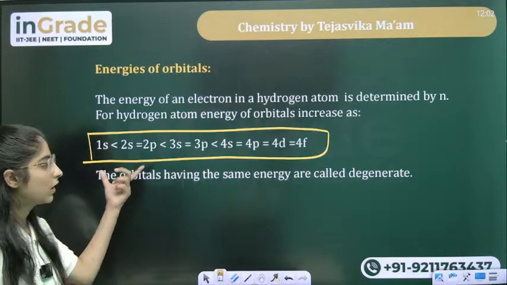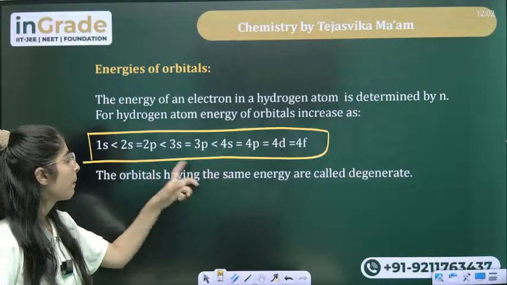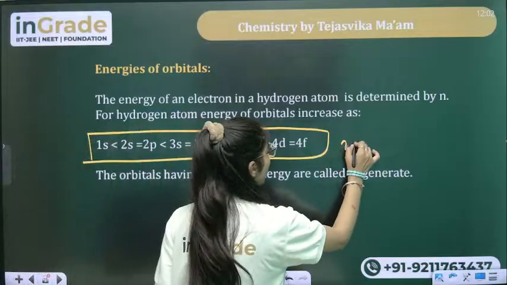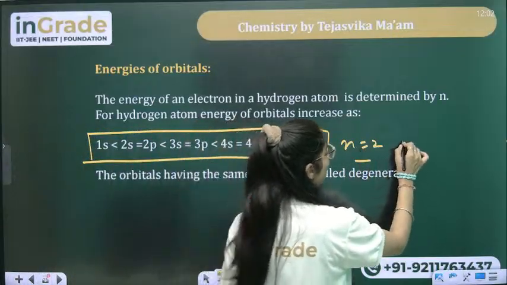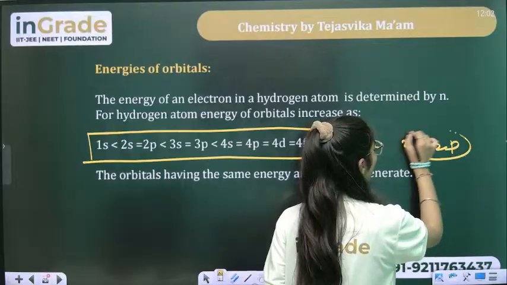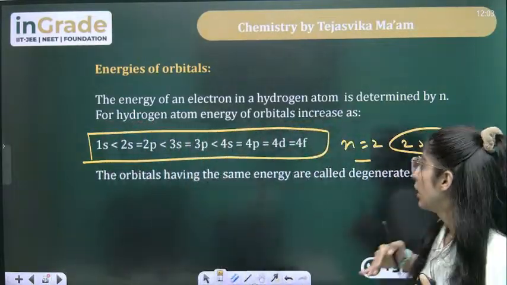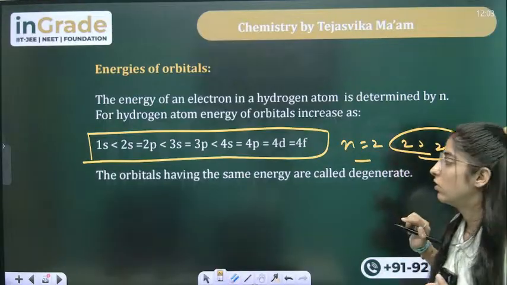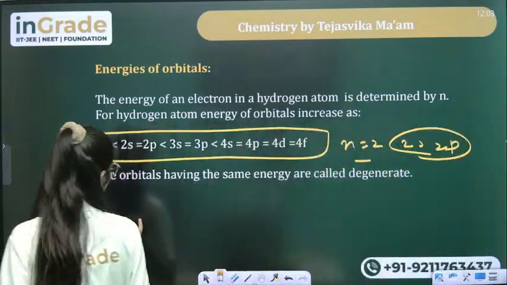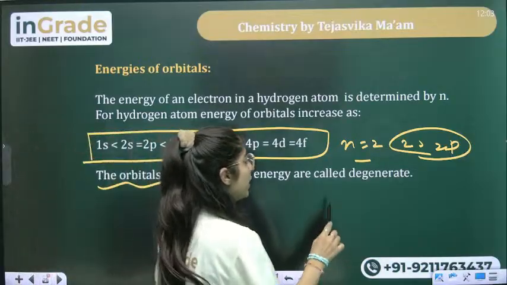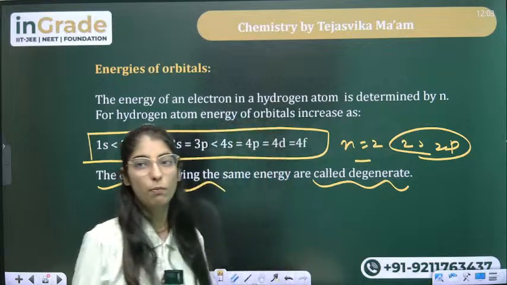We have discussed this point so many times: if the value of n is 2, then the orbitals will be 2s and 2p, and both will lie at the same energy level, which simply means they are degenerate energy levels. Next point, if orbitals have the same energy, they are known as degenerate orbitals.